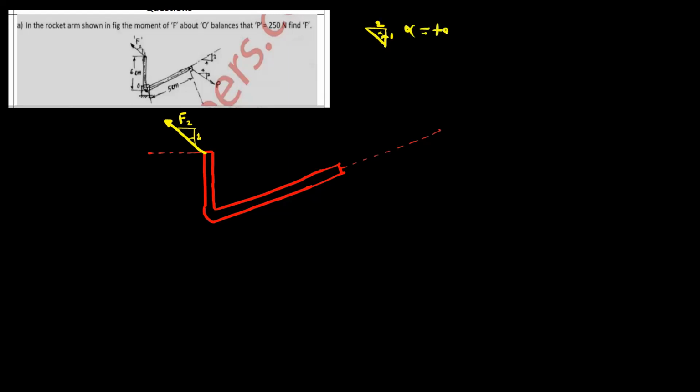So alpha is equal to tan inverse 2 upon 1, so this is 63.43. So this is the angle of force F with respect to the y-axis.